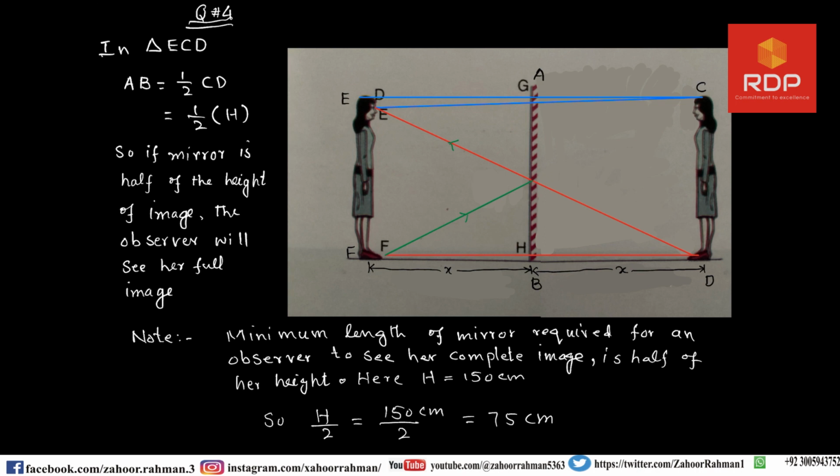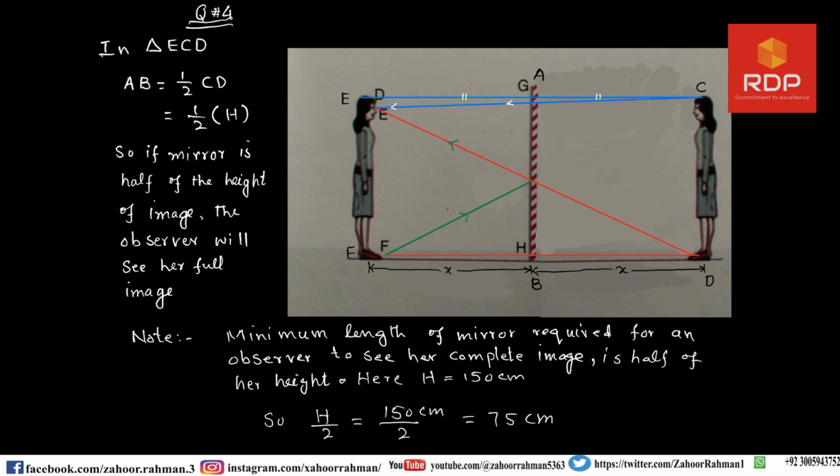First you have to draw an equal distance from here to here, a line, and then from the head you have to direct a ray into the eyes of that person. So this shows how the person will see his or her head in the plane mirror.